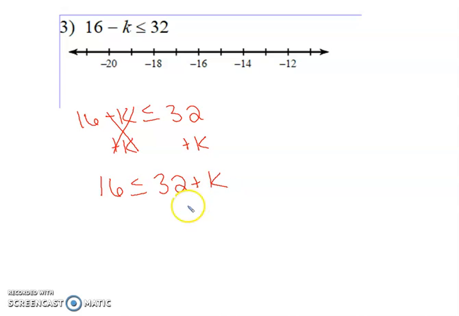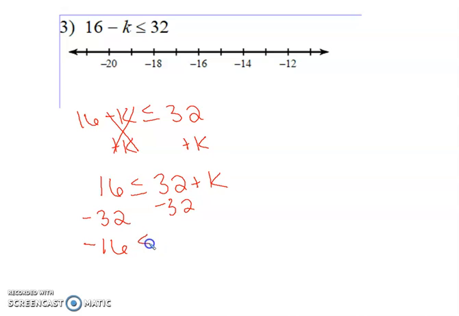This is not 32k. It is 32 plus k. When you add, you cannot combine unless they are like terms. Then I need to subtract my 32.